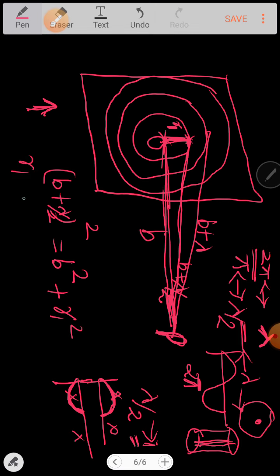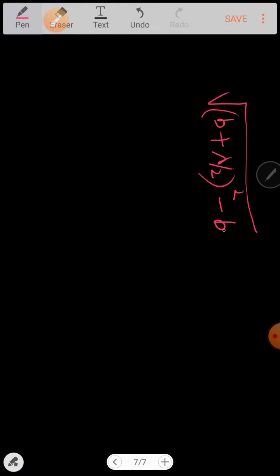That is, R1 is root of b plus lambda by 2 the whole square minus b square. That is the radius of the first zone.